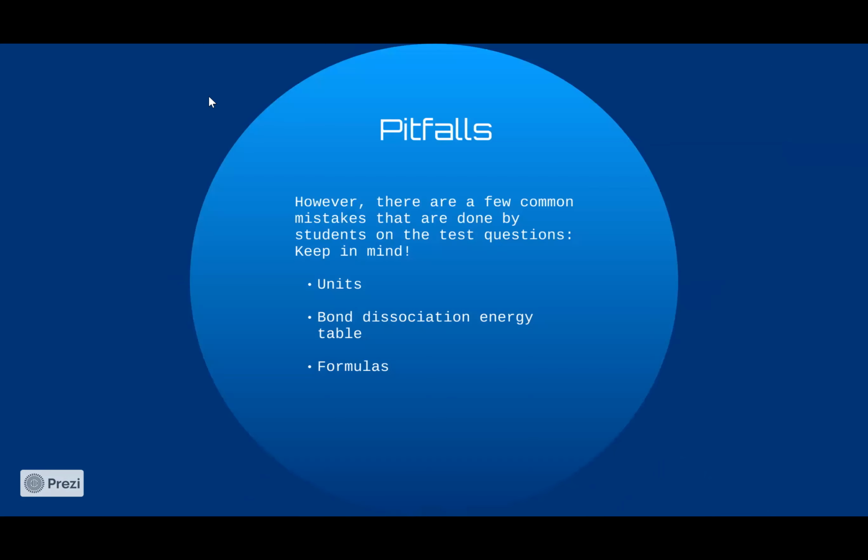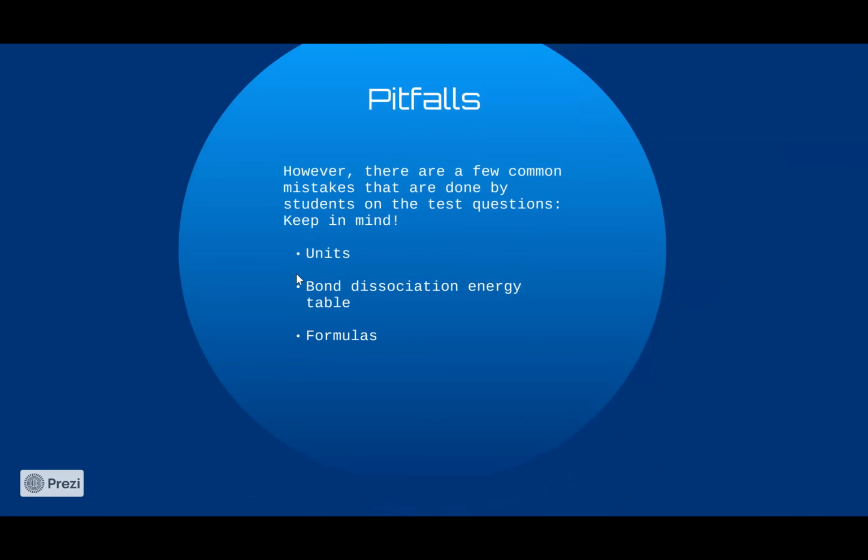Now we're going to the third section, which is the pitfalls. Many times there are things that students make mistakes on, and here I'm going to talk about them. So here is a list of the pitfalls I came across.